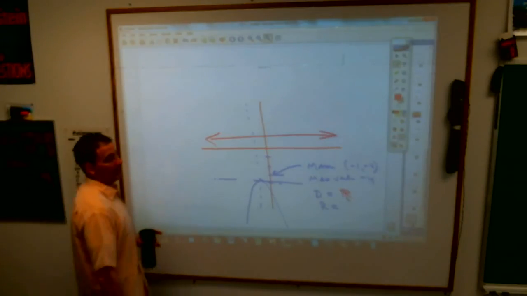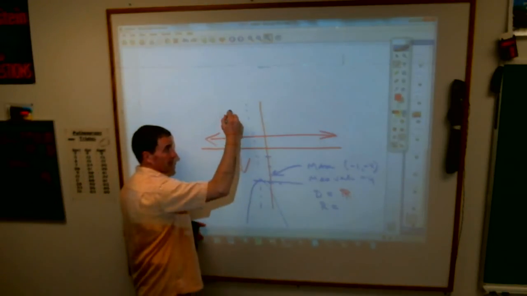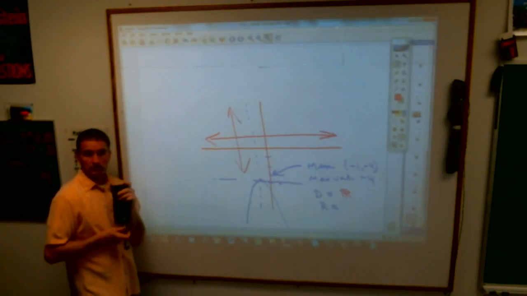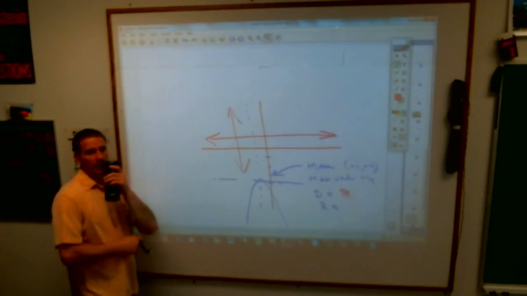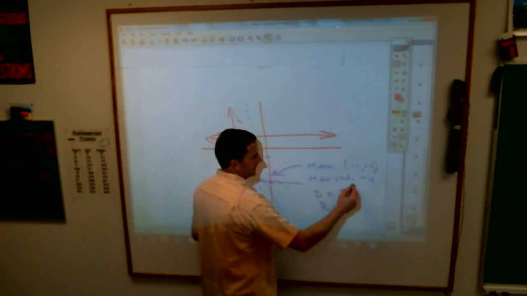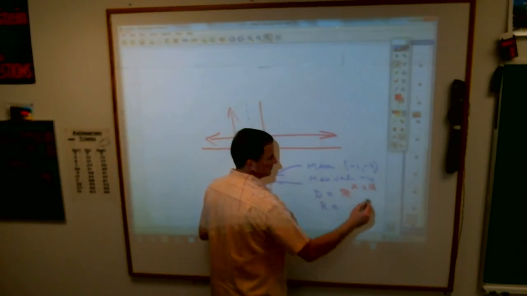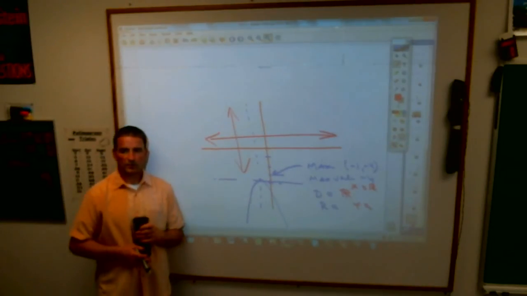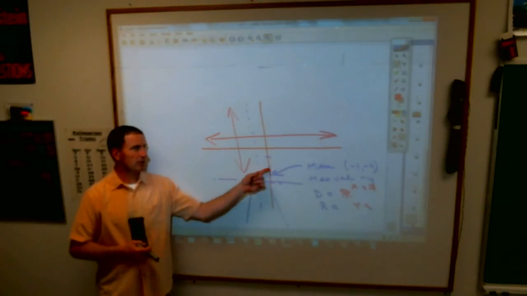However, the range, which is the up and down values, is not that. What is the range? I fear I bore some of you, but this would be very, very good review. Somebody? What is the range? By the way, domain would be x equals all real numbers. The range would be y equals, or y something. Look at the y values. Can you be up here on the y-axis?